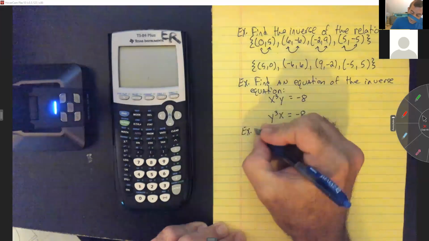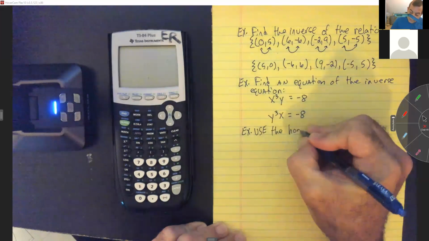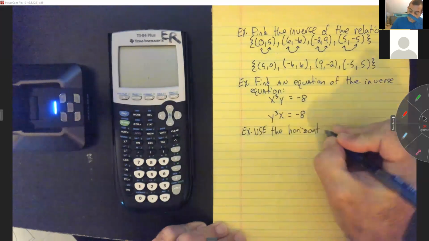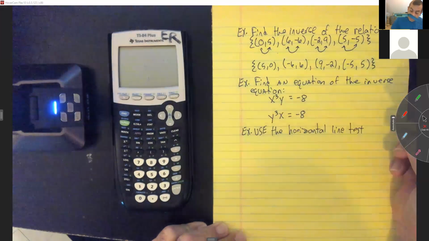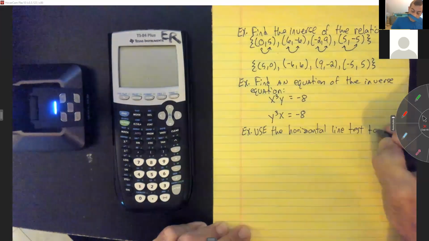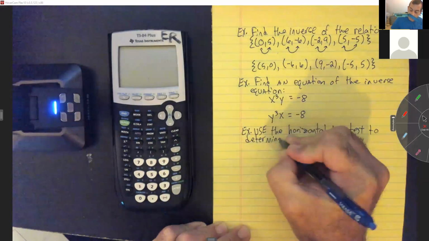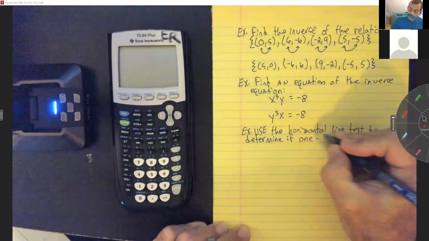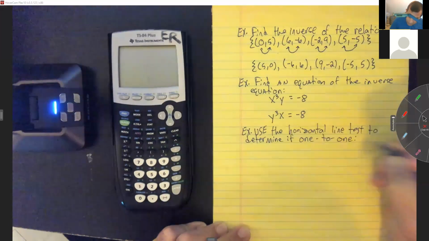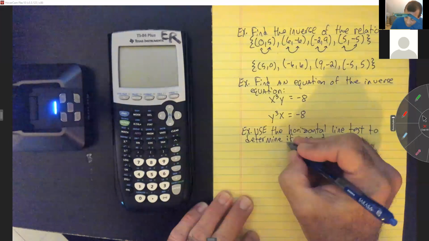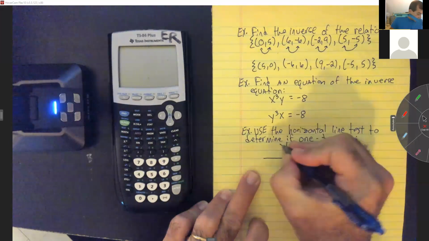All right, next, use the horizontal line test to determine if it's 1-to-1. All right, so let me draw this little graph here. So here's my x and my y.